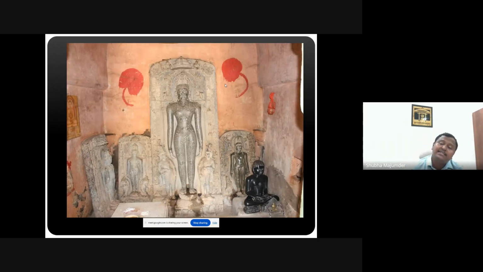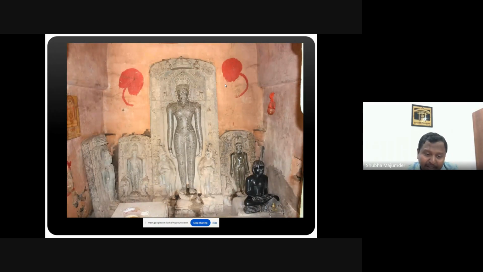But in this case, it is also interesting that of all the four images, except the one just to the left side of the main image, all three images contain the 24 Tirthankara miniature depiction and the planetary deities.